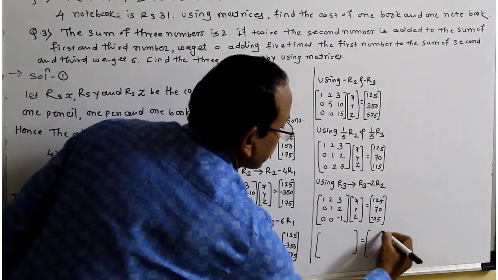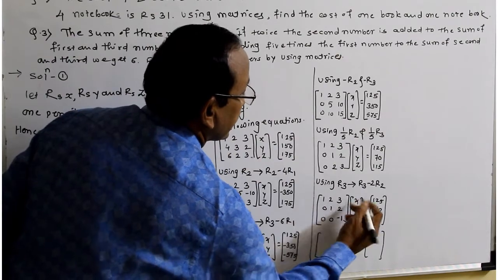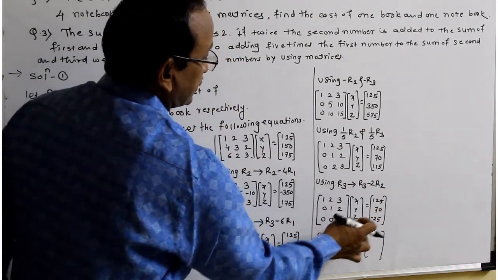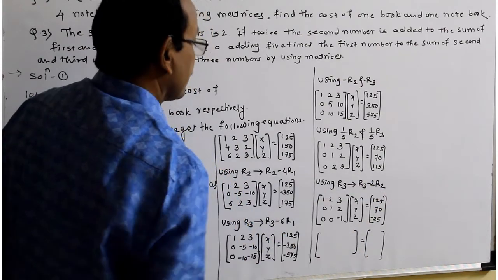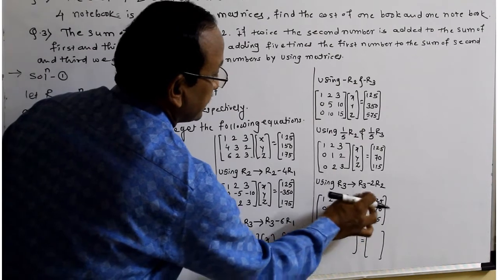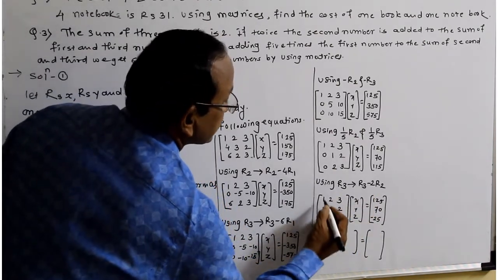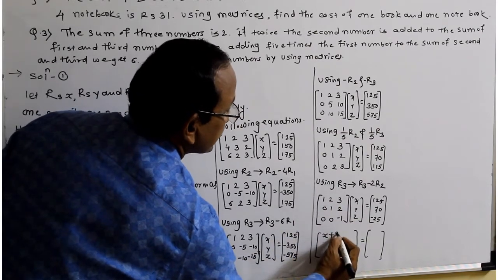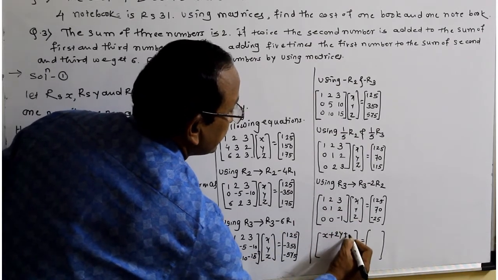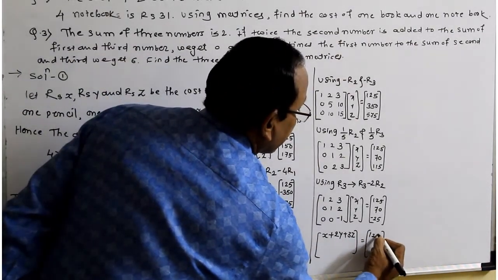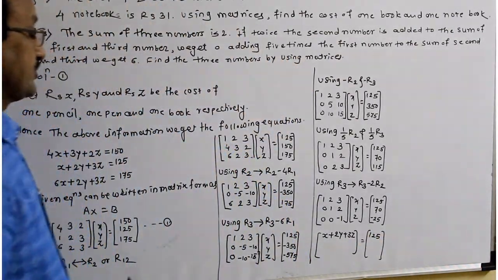Now take the product of these two matrices. Multiply the first row by this column, the second row by this column, the third row by this column. Multiplying each element in the row to each element in the column and adding, 1 into x is x, plus 2 into y is 2y, plus 3 into z is 3z, is 125.